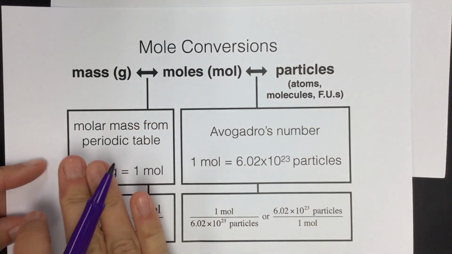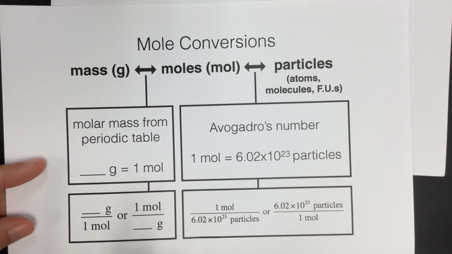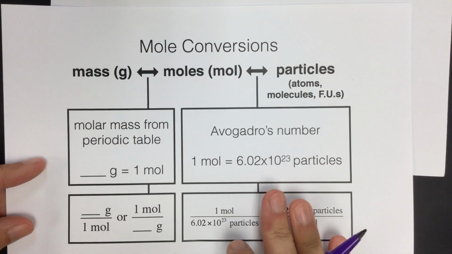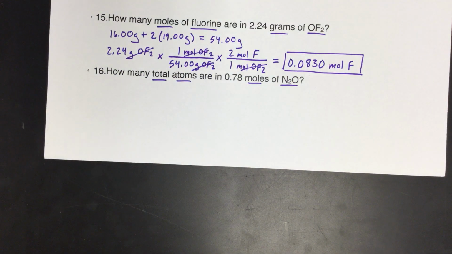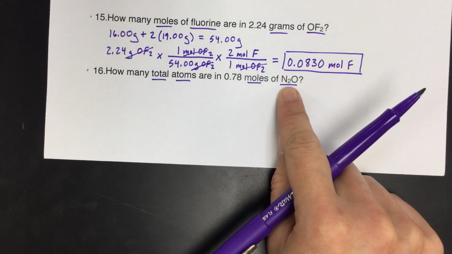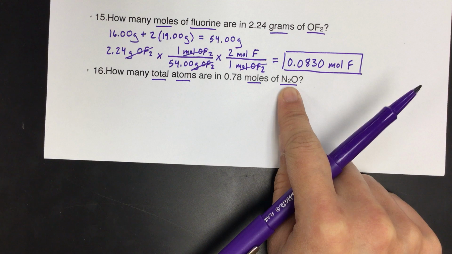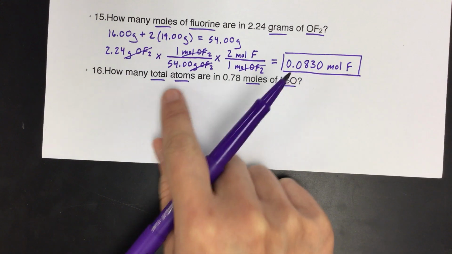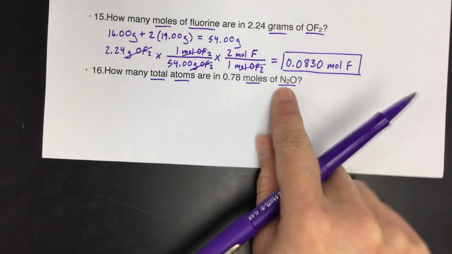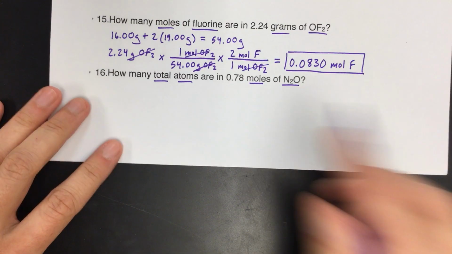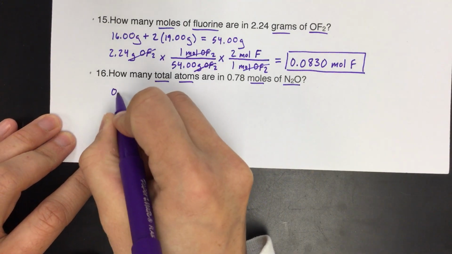So we actually don't need the molar mass to do this conversion. We just are going to need Avogadro's number. So we're starting with moles of a molecule, N2O, and we're trying to convert that to total atoms. Not the number of molecules, but the number of atoms. So to do that, we'll start out with the number given.